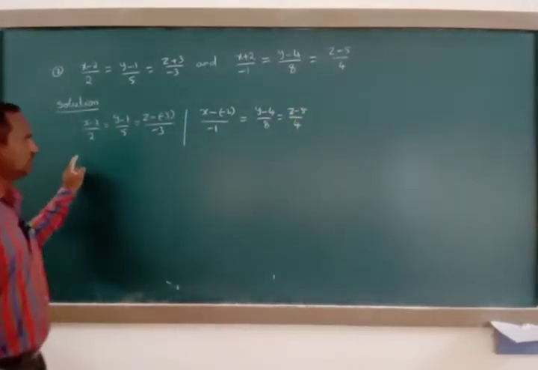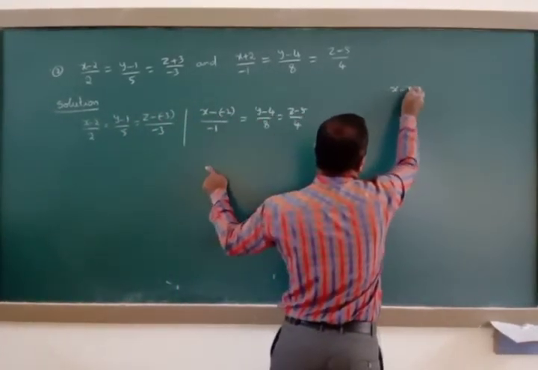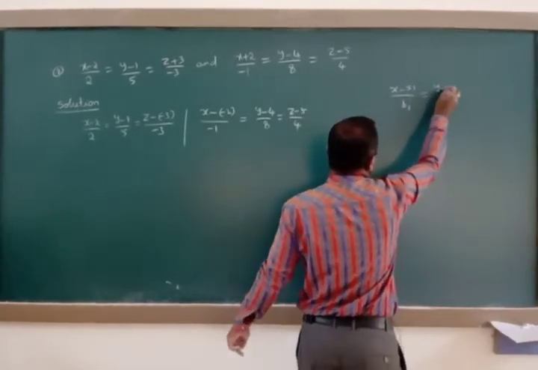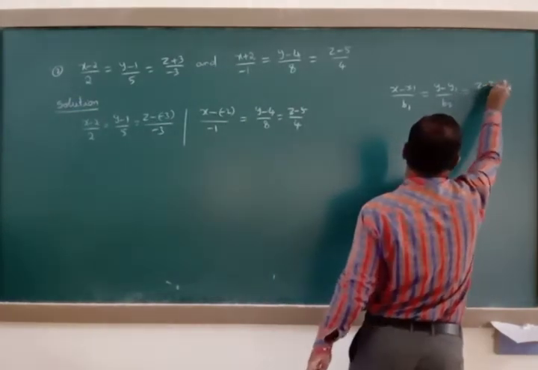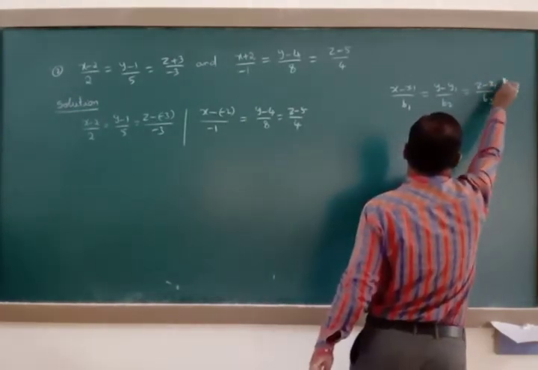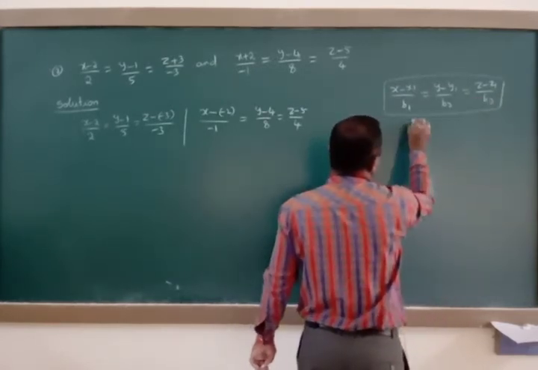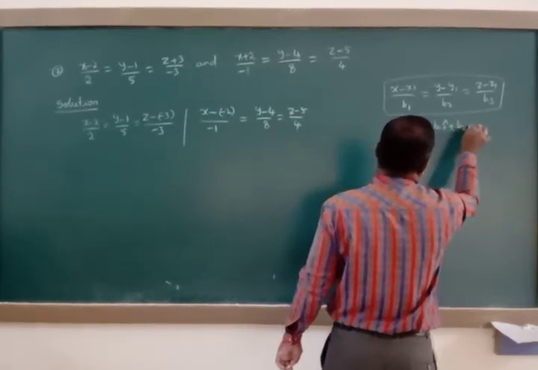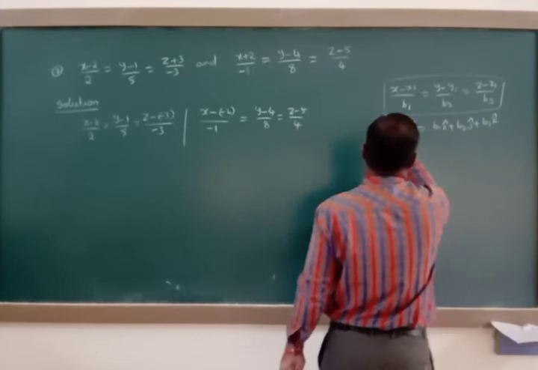Because we converted these lines into this form, (x minus x1) by b1, (y minus y1) by b2, (z minus z1) by b3, where the b vector is equal to b1 i cap plus b2 j cap plus b3 k cap.